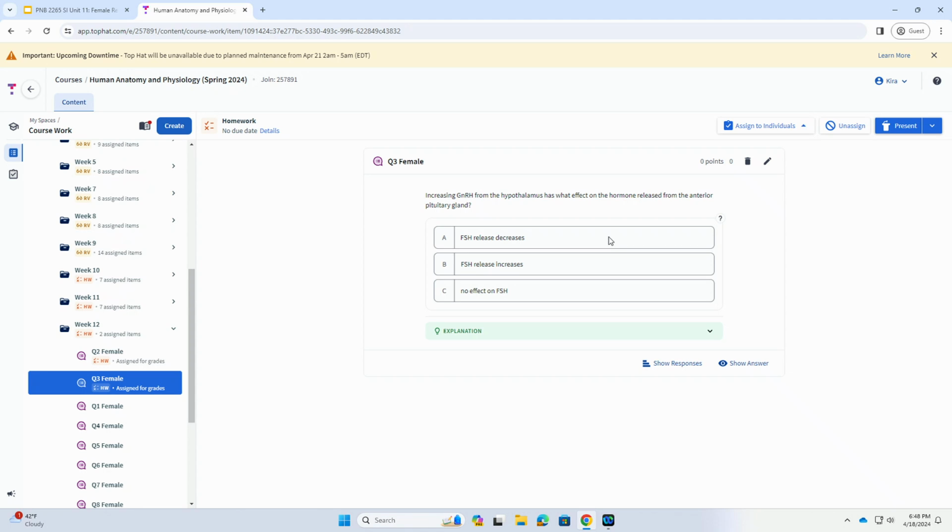Increasing GnRH from the hypothalamus has what effect on the hormone release from the anterior pituitary gland?